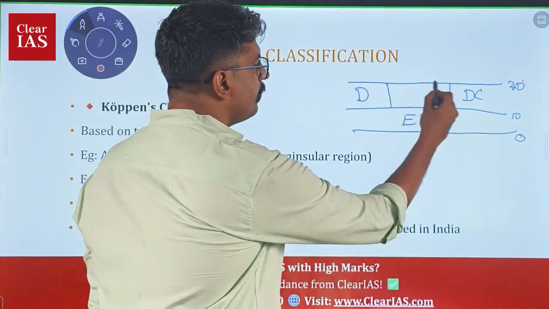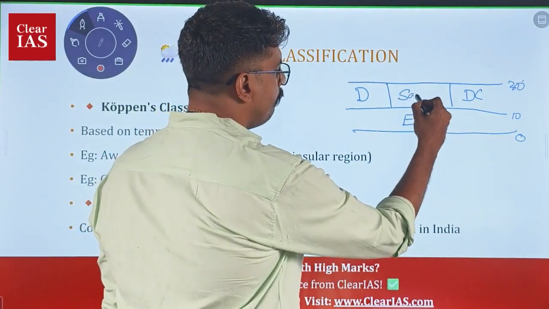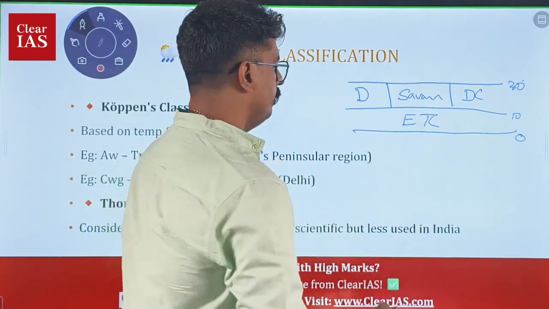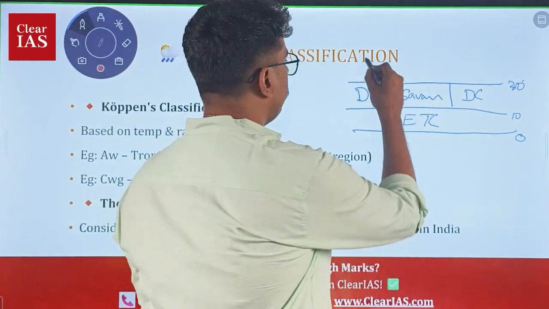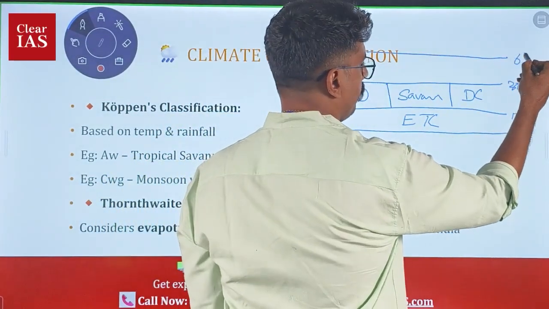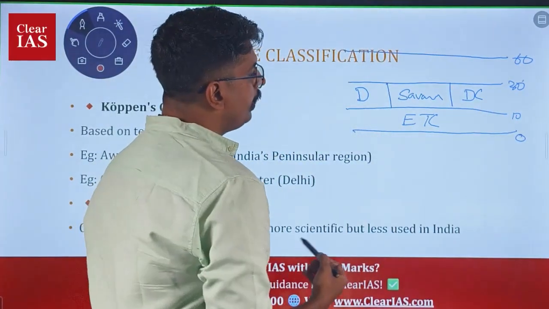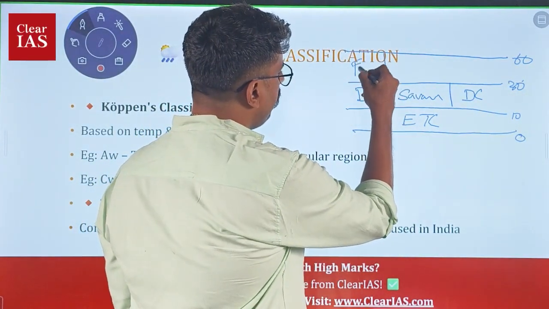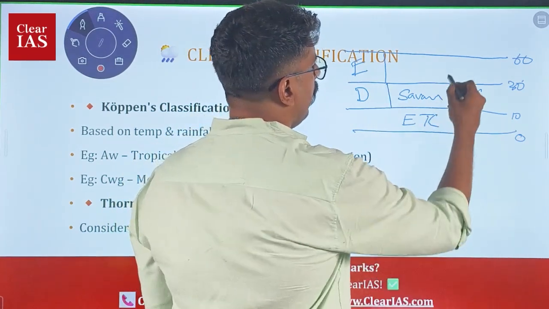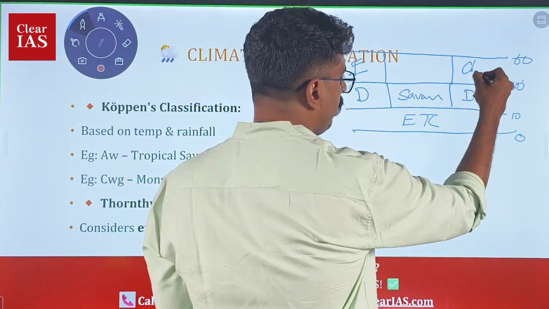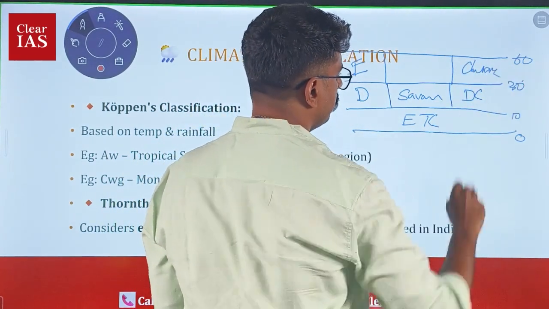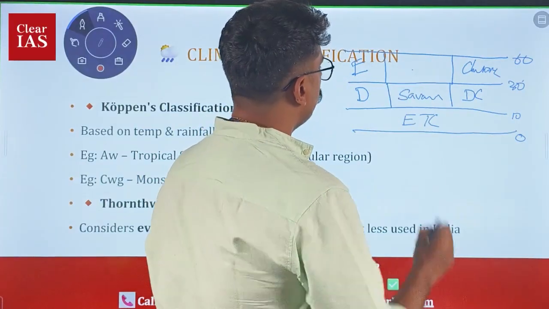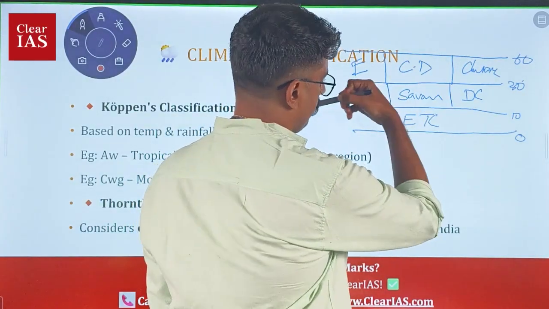And in between in this region, you have savanna type of climate. How, why, where, we'll be studying everything, don't worry. And from 30 to 60-degree latitude, you have European type of climate. And here you have China type of climate. And in between, you have cold deserts.